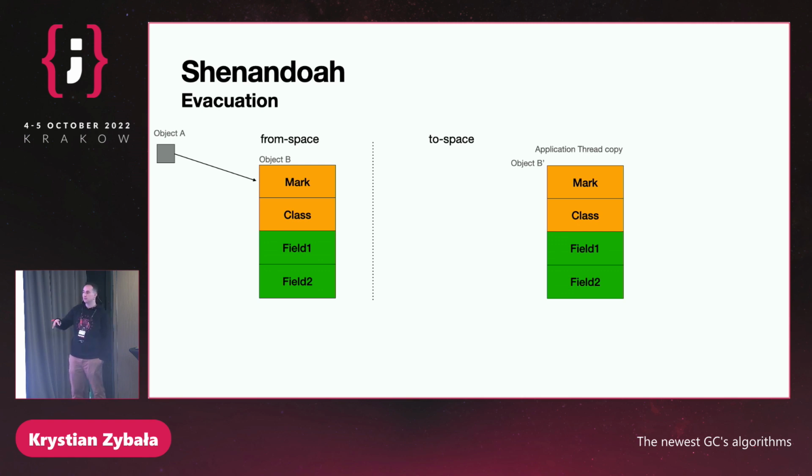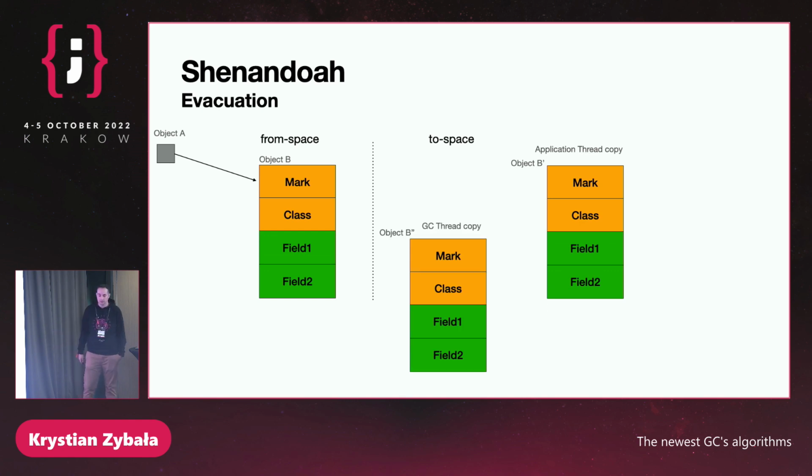So when you, for example, load an object from the heap, there is a check whether the object is being handled by the garbage collector or not, whether it has been moved to the proper place or not. If not, the application has to go to the slow path. It means that the application makes a copy of the particular object and moves this object to a particular location.